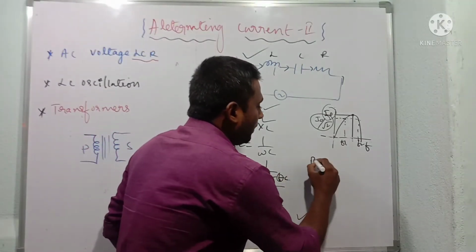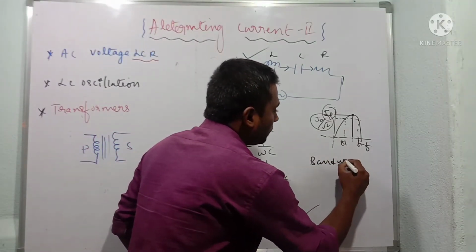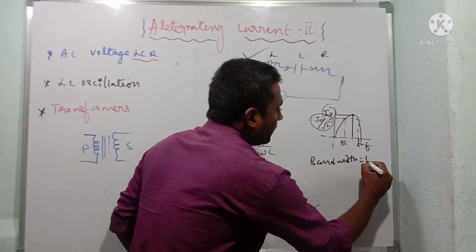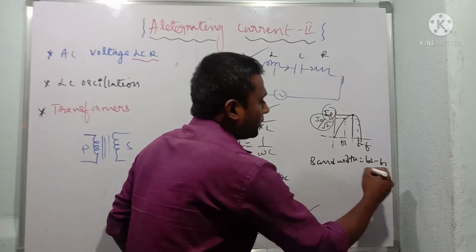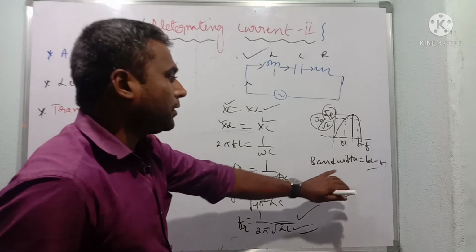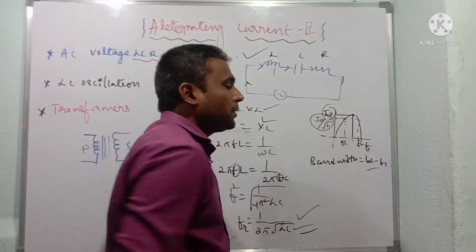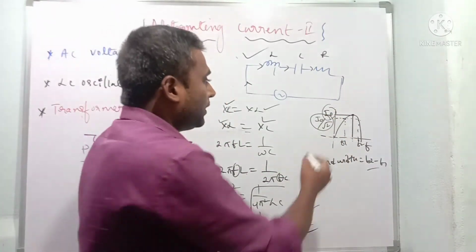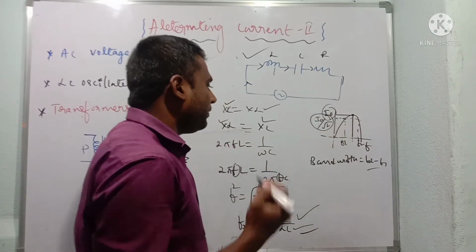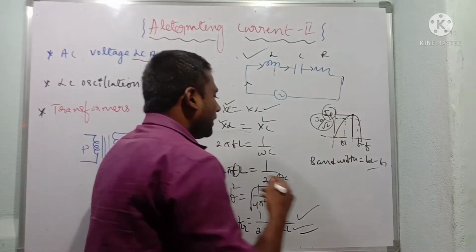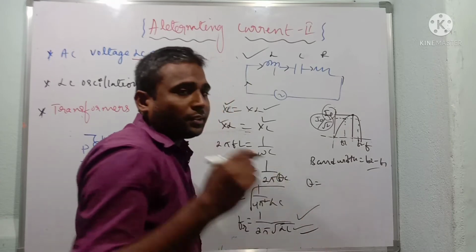So bandwidth is equal to the difference in frequencies, which corresponds to RMS current, that is I naught by root 2. Now we are going to define one more definition, quality factor. So what is quality factor, children?